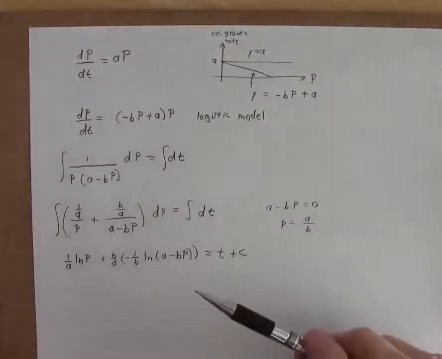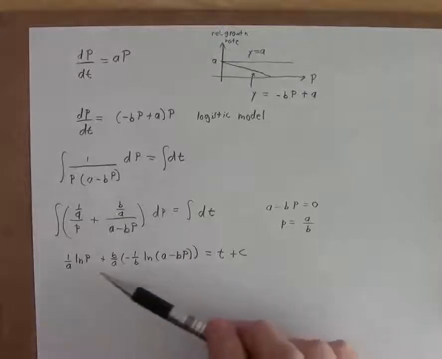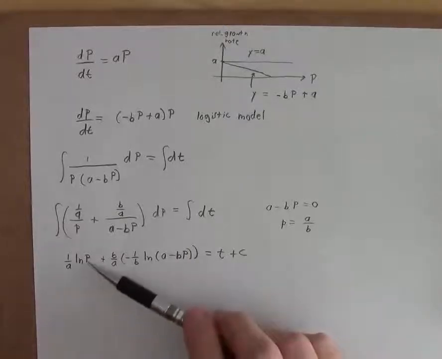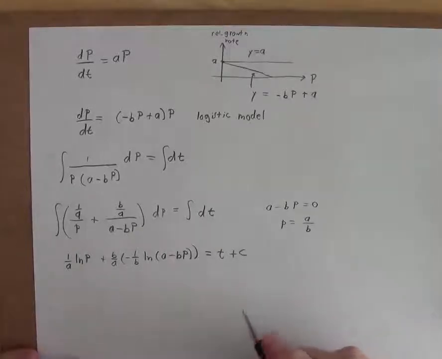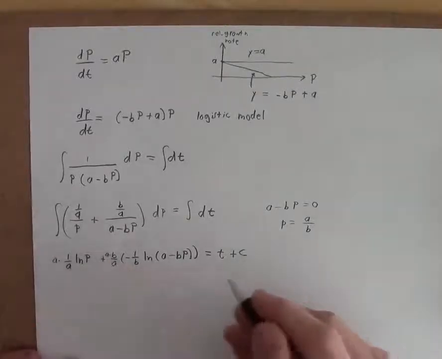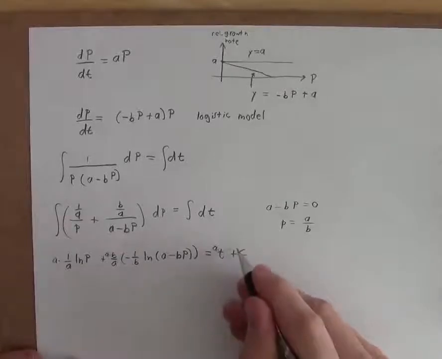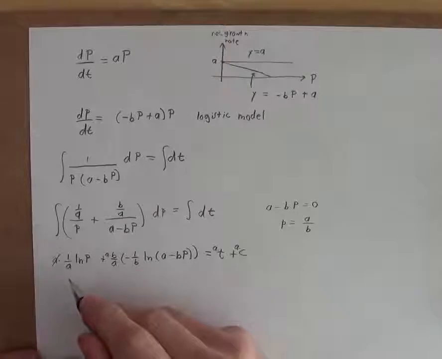And now what we'd like to do is to, of course, simplify this and move our way towards solving for p in explicit form. So let's see, one thing we can do is to multiply across by a. So we'll multiply by a on all terms. So those would go away.